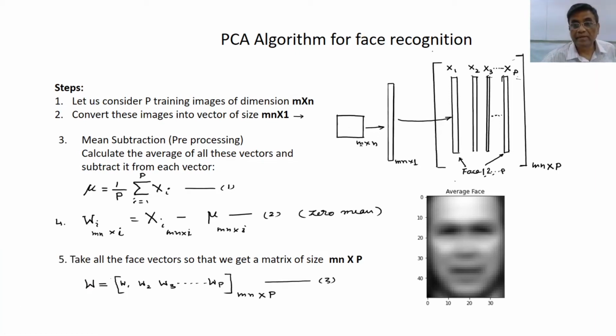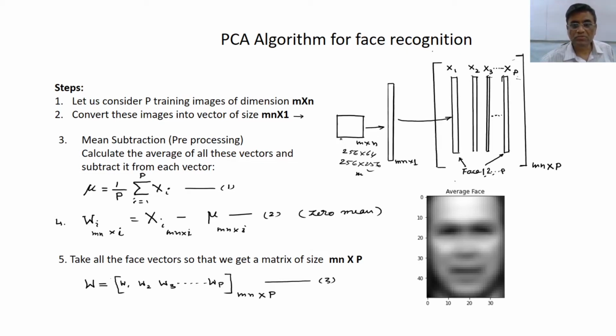I have each face m cross n, maybe 256 cross 64, or it could be 256 cross 256. In that case, it will be m square dimension. But in general, we are saying that this is our input face.